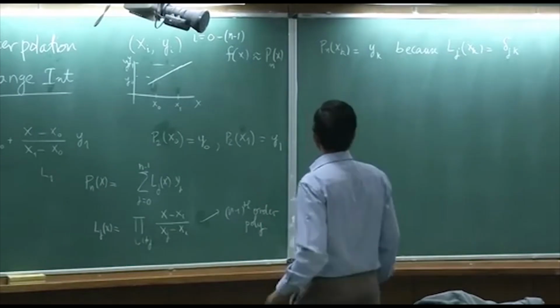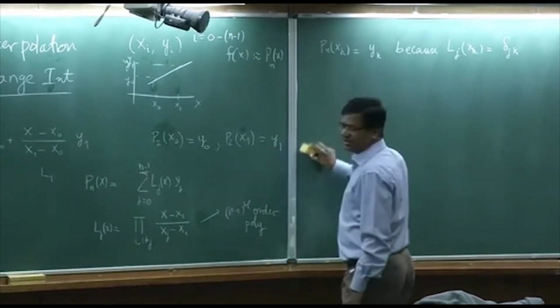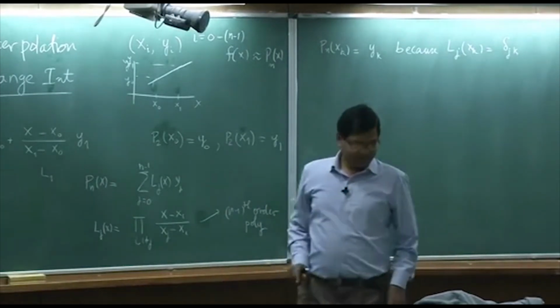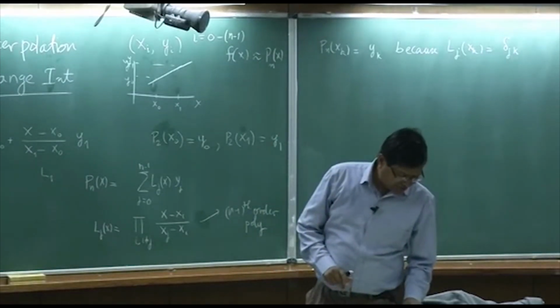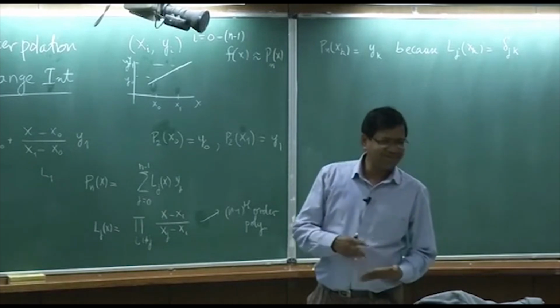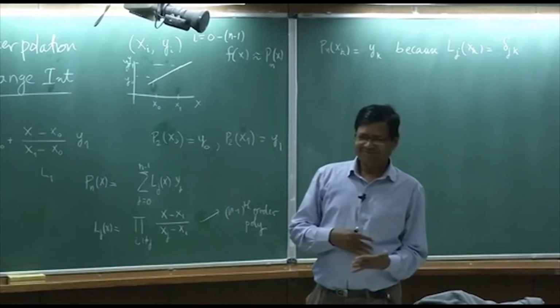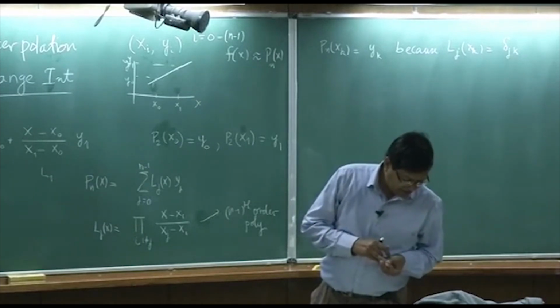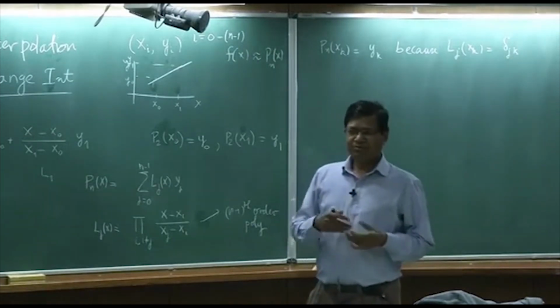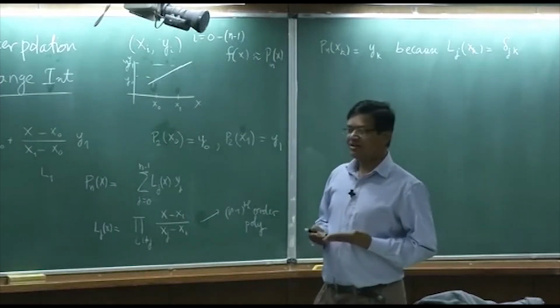I will show you how to estimate the error, and it is done by using Rolle's theorem. This is part of your analysis, first year or so. We will use Rolle's theorem to get an estimate on the error.